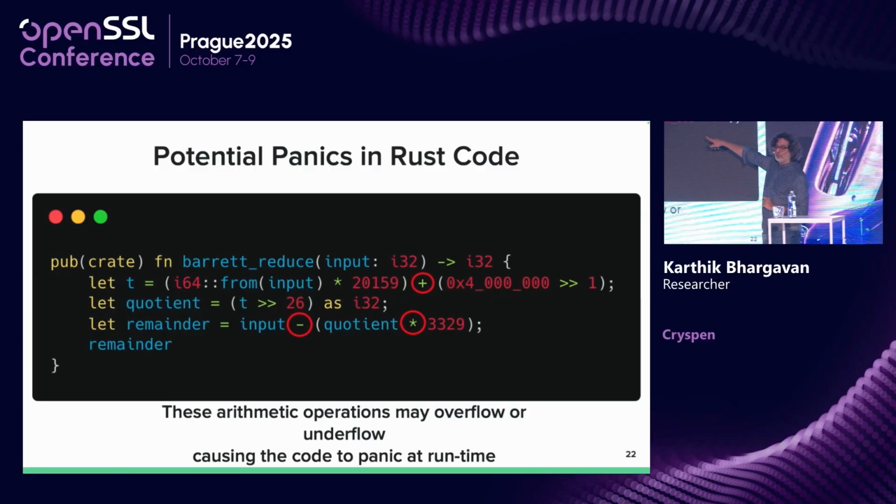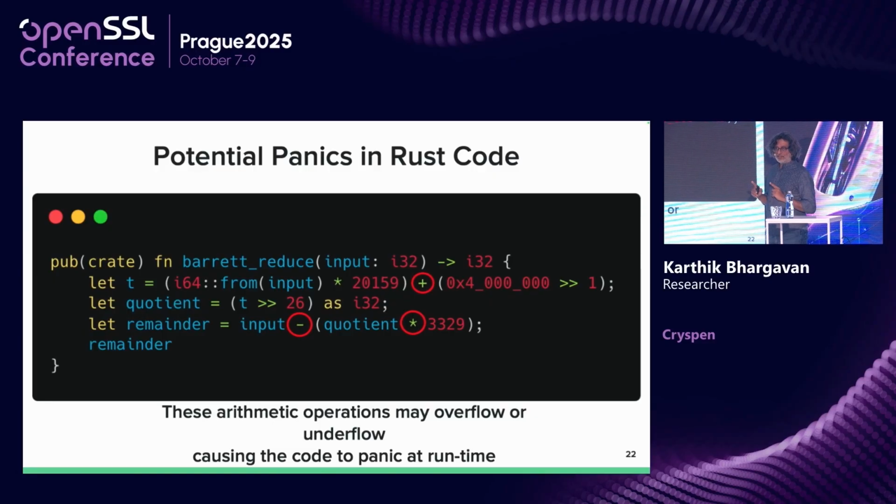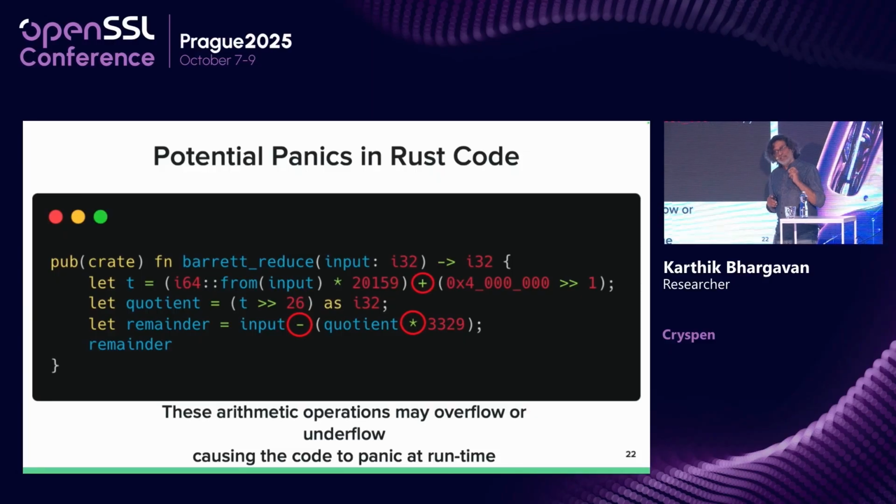In fact, in some cases, it's going to overflow. That's the first thing to notice. And even in Rust, which is a memory-safe language, there are arithmetic overflows. In debug mode, that will panic. In release mode, it'll just wrap around, but it'll give you the wrong answer. So the first thing to prove is that none of this code will ever overflow or underflow.